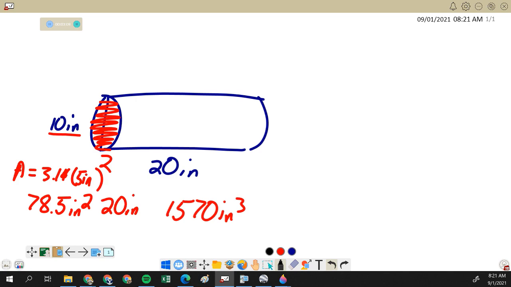And it would be hard to draw blocks and fit them inside of that, but the space inside that cylinder is equivalent to 1,570 of those 1-inch cubes. Okay.